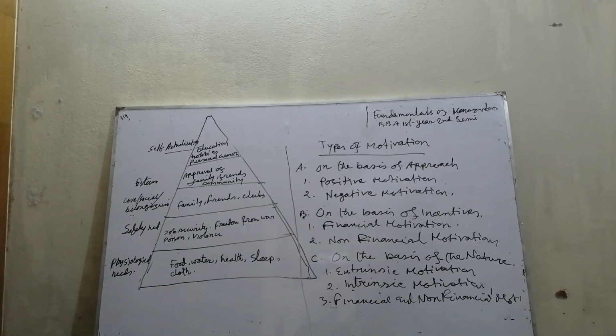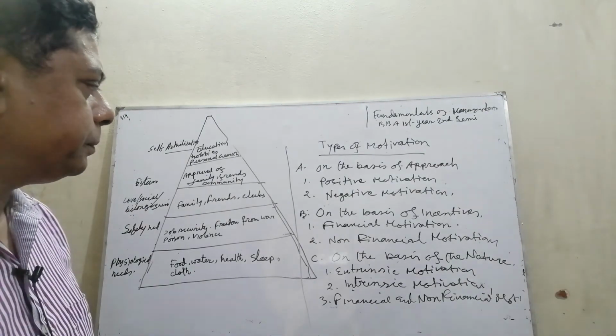Extrinsic reward may be direct, which is linked with performance, and indirect compensation like free housing, conveyance, medical facilities, etc. Generally, direct compensation is a more effective motivator.